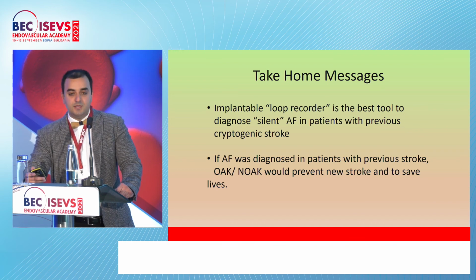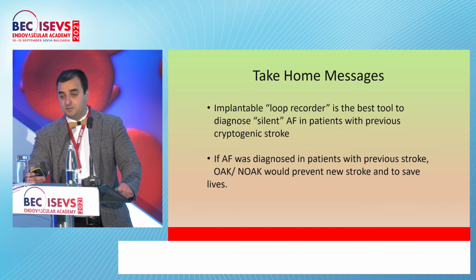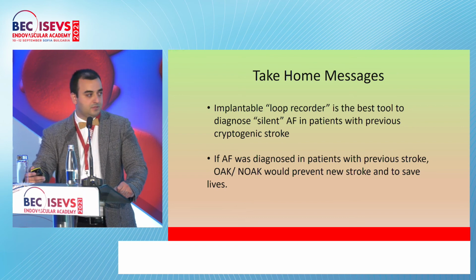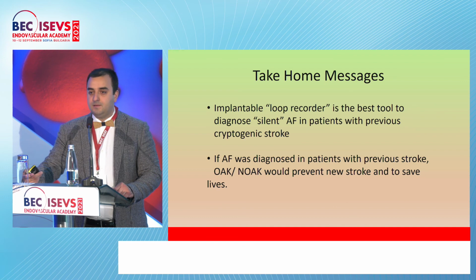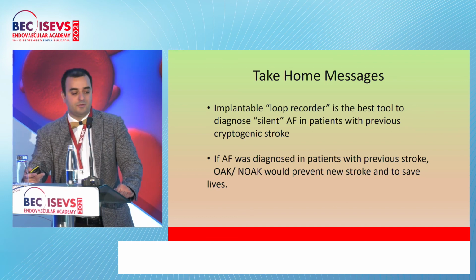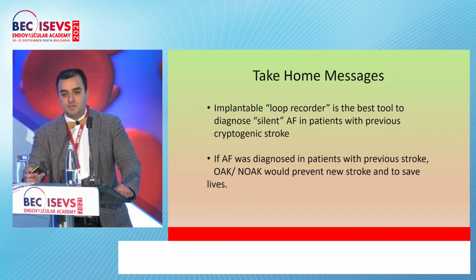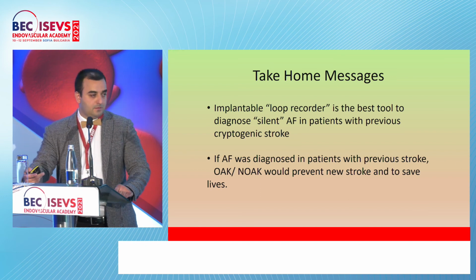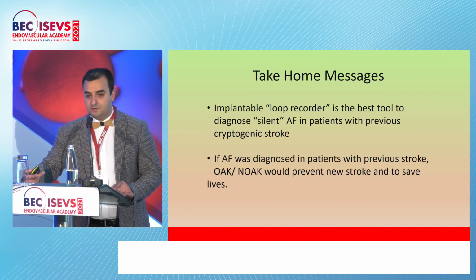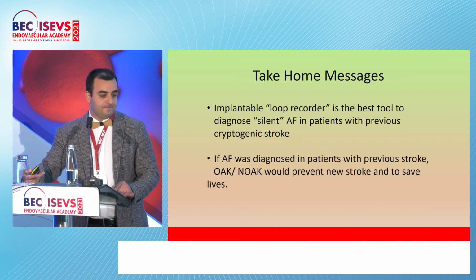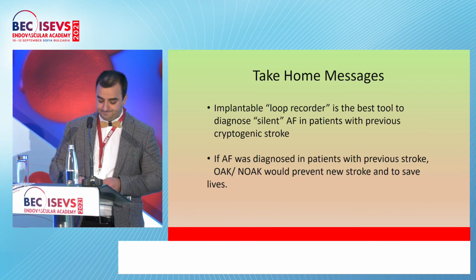You should keep in mind to send the patient, if you have such a patient, to receive such a technology, because it's really important, and they should receive proper medication, because as you know, antiplatelet therapy with clopidogrel or aspirin is not enough, and it's not really good in a patient with atrial fibrillation and stroke. Thank you for your attention.